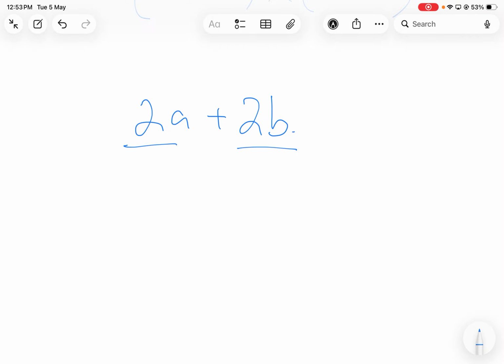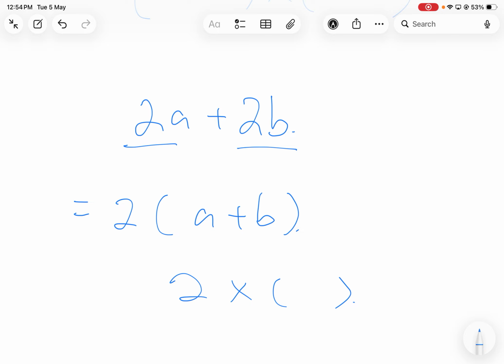Can both these terms be divided by 2? Yes. Then you can factorize. Then it becomes 2 multiply the bracket. Become factorized already. Become something times something. So this is factorization.